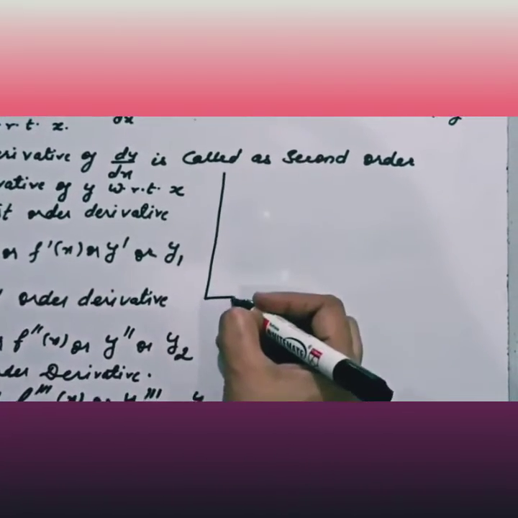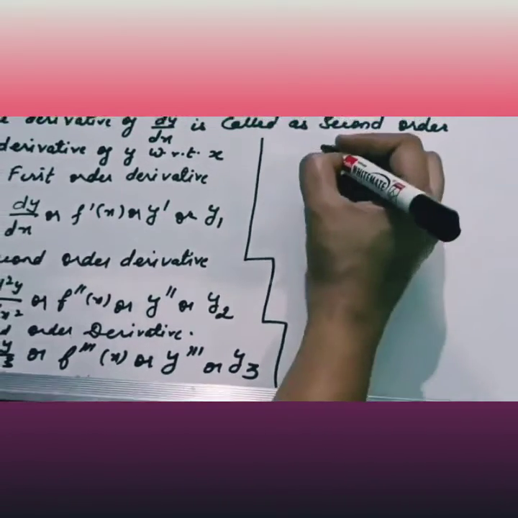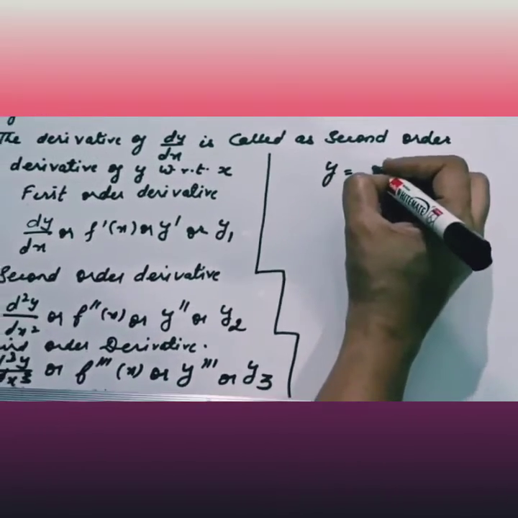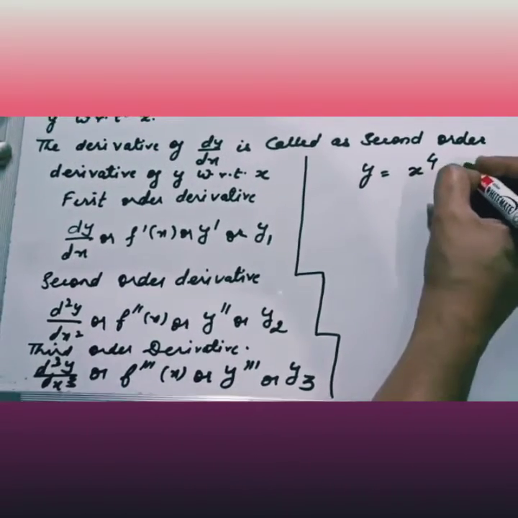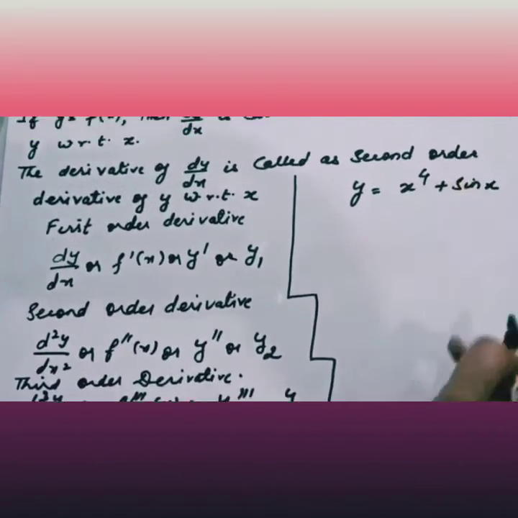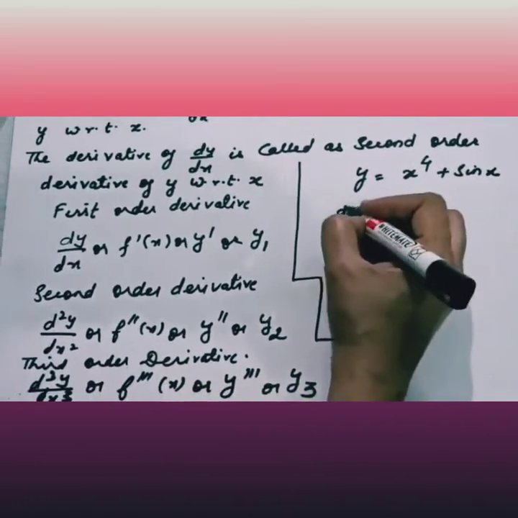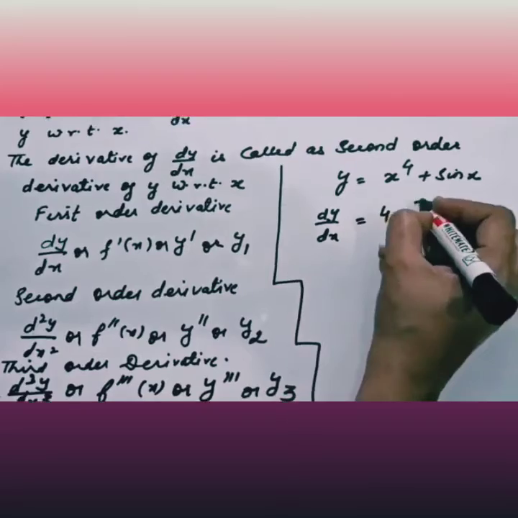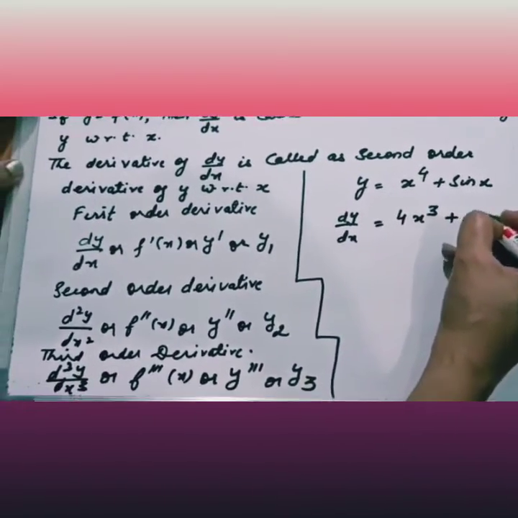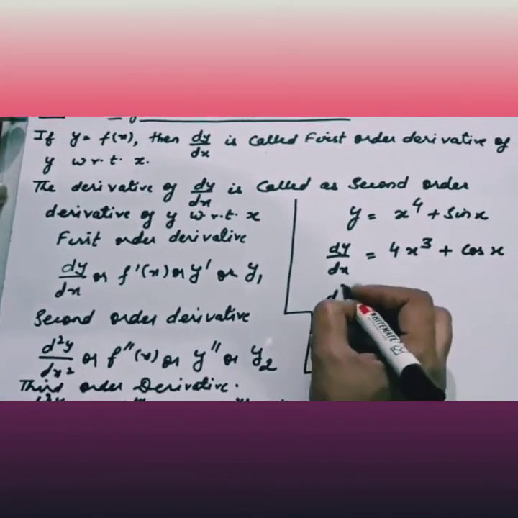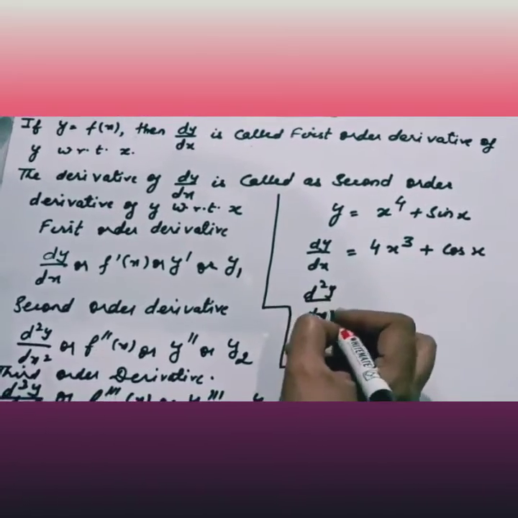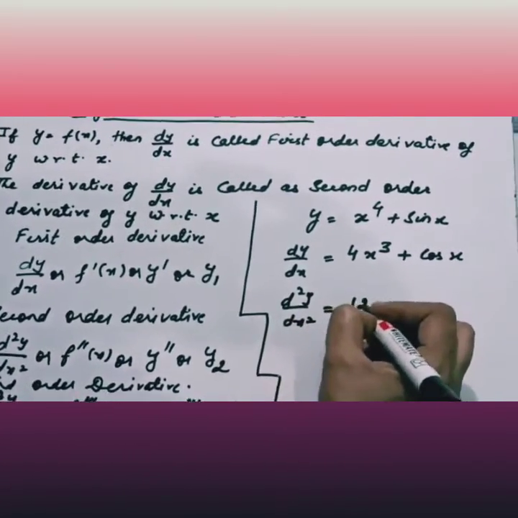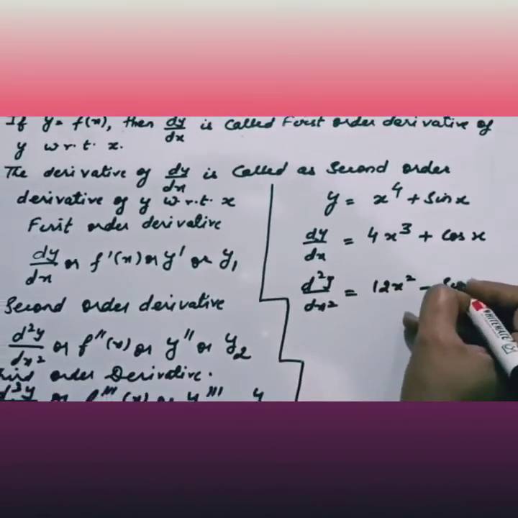So suppose we have a question, y is equal to x to the power 4 plus sin x, and we want to differentiate it with respect to x. Then dy by dx is 4x cube plus cos x. If we again differentiate with respect to x, we have 12x square minus sin x.